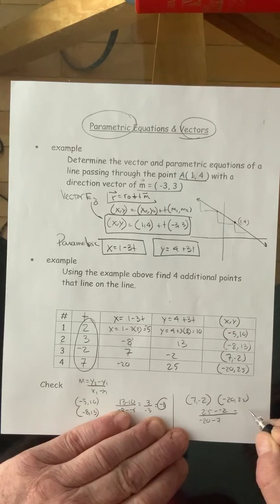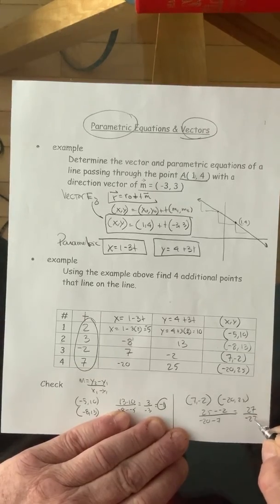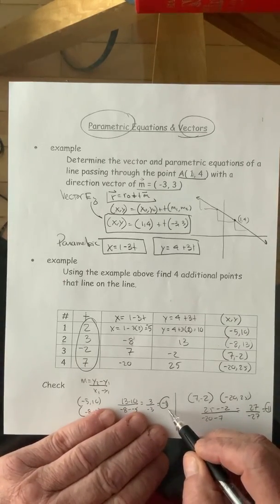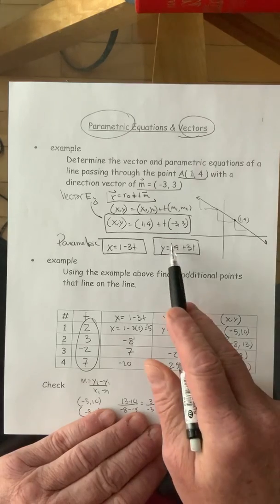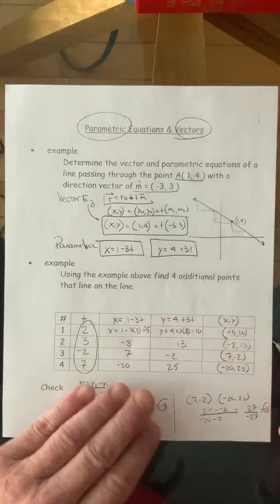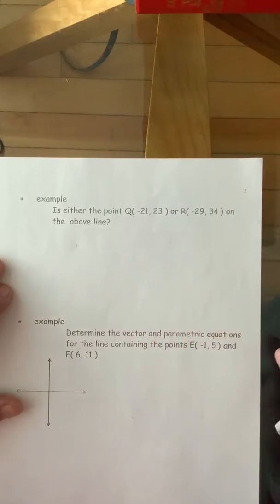I would get 27 over -27, -1. This is not a real surprise because from the initial vector equation, my slope is 3 over -3, which is -1.